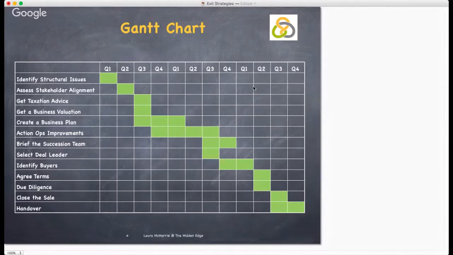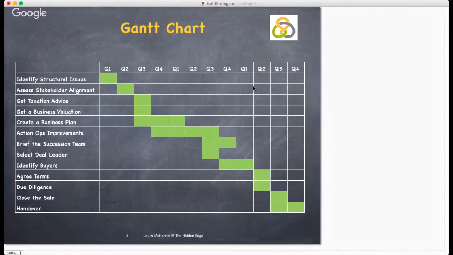First, we need to identify the structural issues to selling a business or exiting a business. Then we have to assess the stakeholder alignment. What do our shareholders have in terms of agreements? We need to get some taxation advice and get a business evaluation. We need to know how much our business is worth at this point.